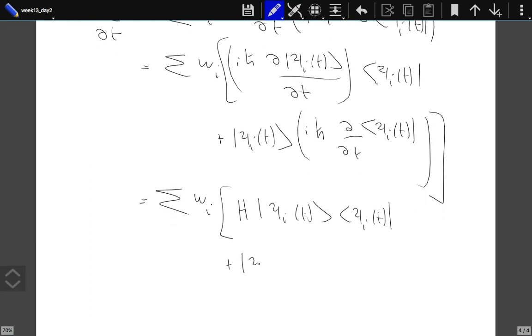And the second one will be minus psi i, minus h. Now, the bra is like the complex conjugate of the ket, and the time evolutions were given by these exponentials. But if you take the complex conjugation, the exponentials change their sign. That's why I have the minus h.